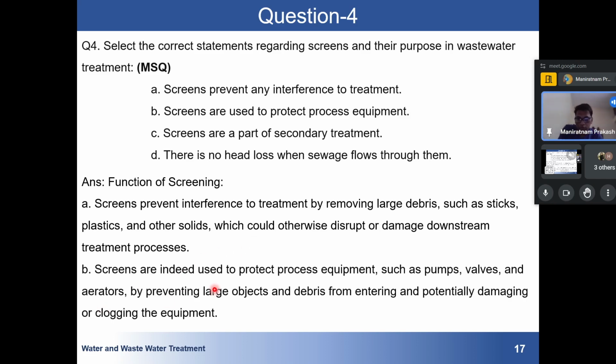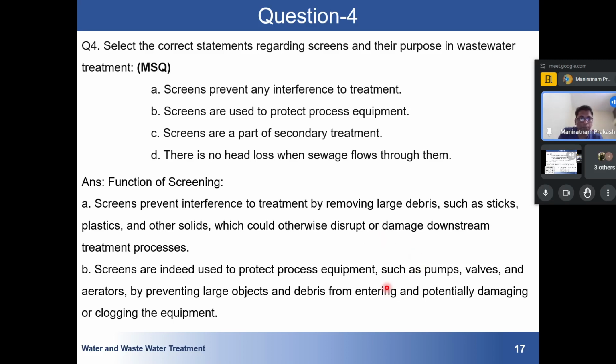Screens are indeed used to protect process equipment such as pumps. We have to maintain a flow, and if your wastewater contains this kind of particles, obviously it will affect your pump.